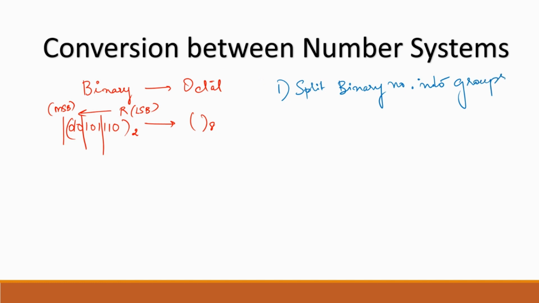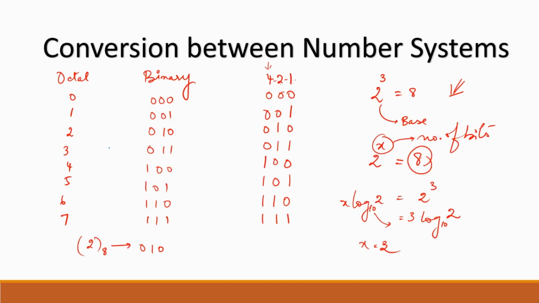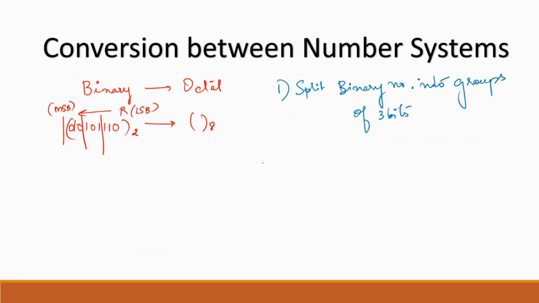So after this, what do I do? After this, we need to represent each of these 3-bit groups with the octal number. If you wish, you could look up the corresponding octal number for these binary numbers. So 110 is actually octal 6, 101 is 5, and 010 is 2.